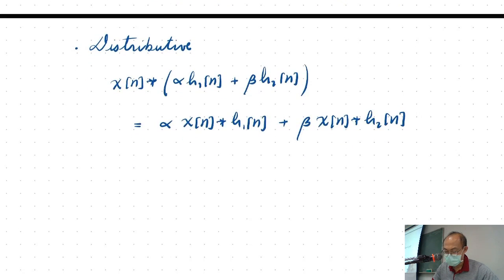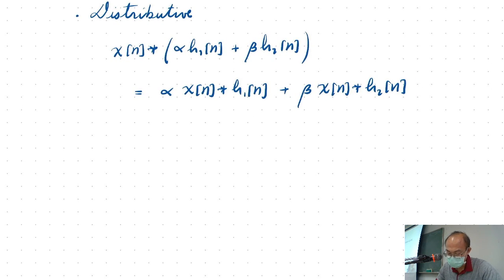Now, today I'd like to give you a couple of examples of how to do convolution sums, as well as how to find an impulse response from a difference equation. Okay, so let's do an example.